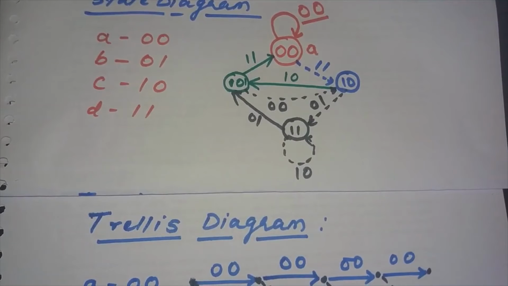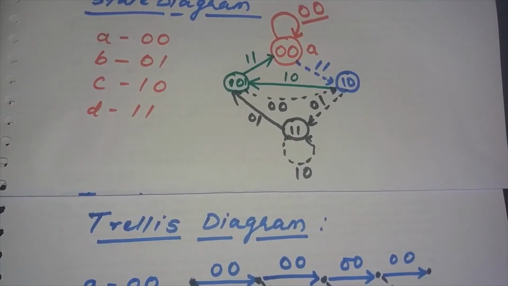So from state 10, we repeat this. Now we have completed the trellis diagram for 2 states.